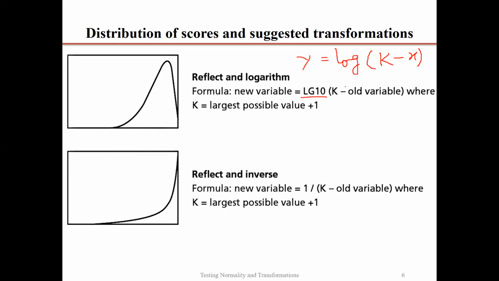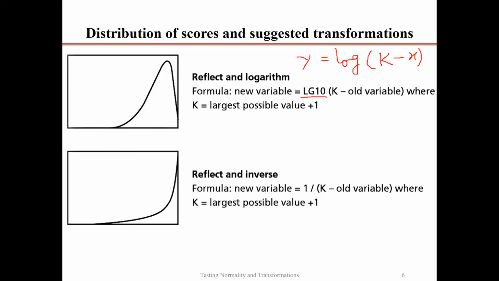So firstly, we have to check the normality of x. If x is not normal, and x is a negative skewed distribution, then we have to apply this transformation, and another variable is obtained by this transformation. Then the normality of y is to be checked.